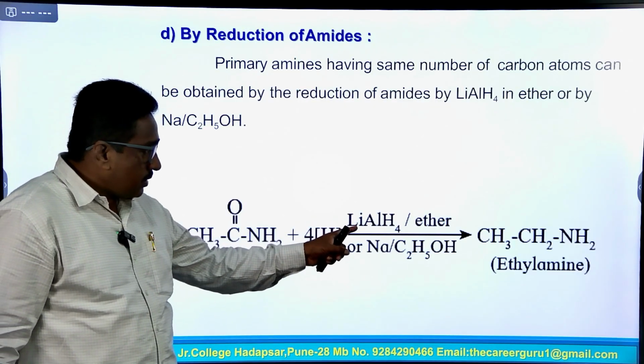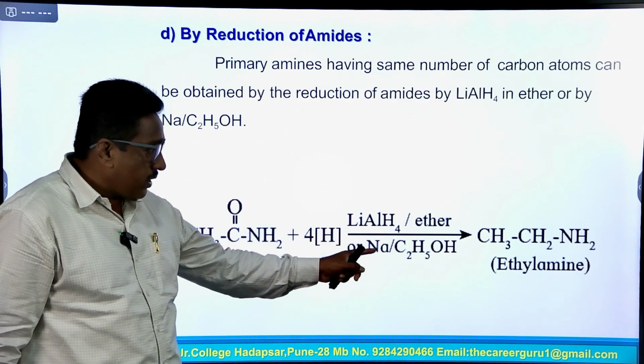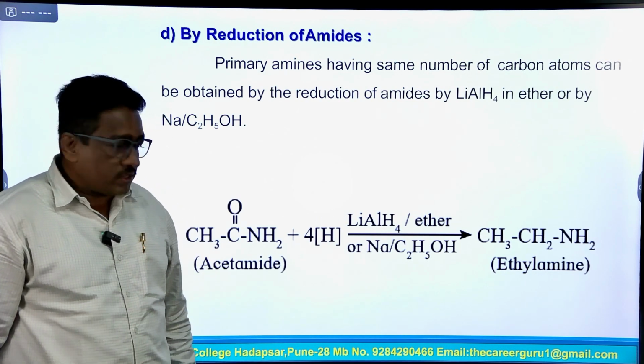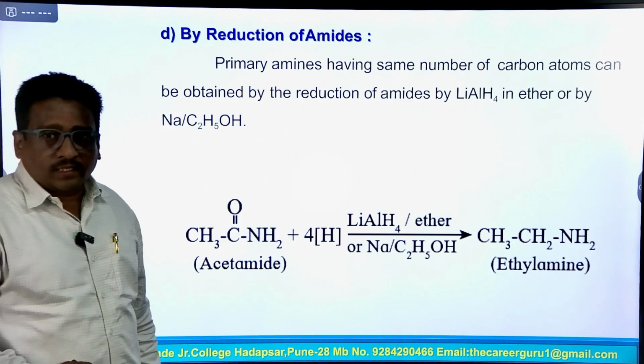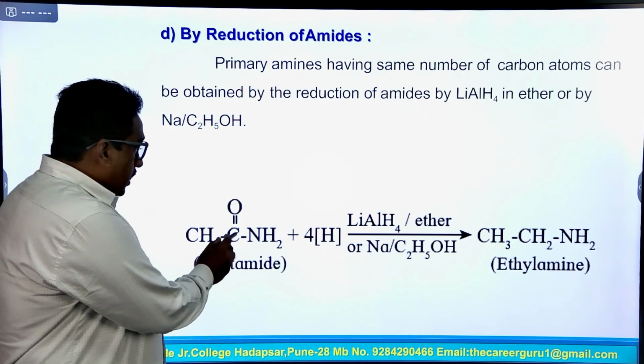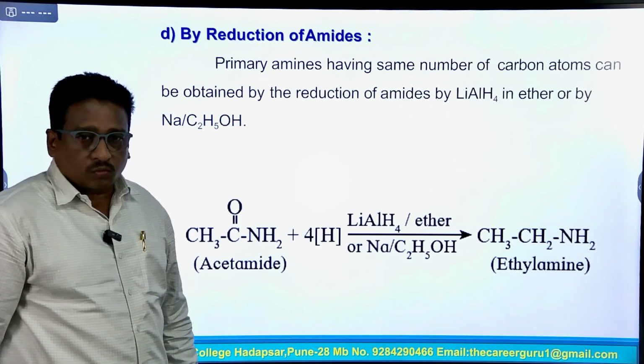So, LiAlH4 or sodium in C2H5OH produces four nascent hydrogen atoms, and this nascent hydrogen is responsible for the reduction of the carbonyl group.